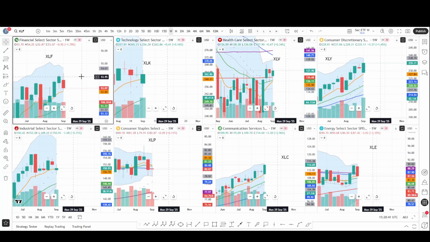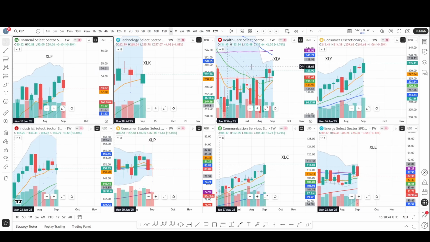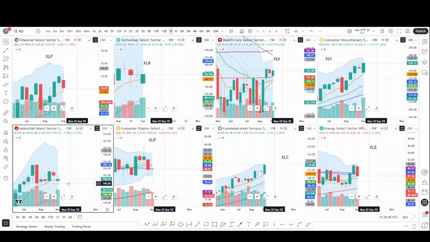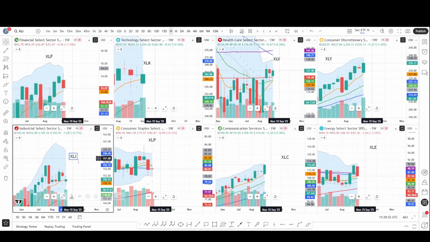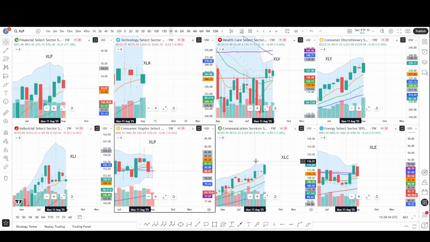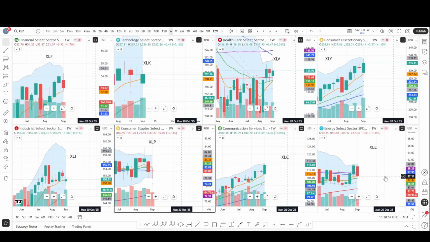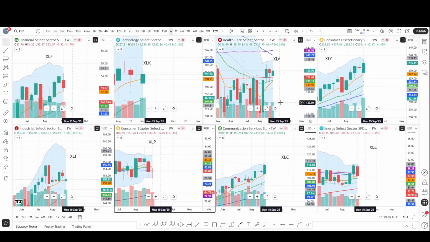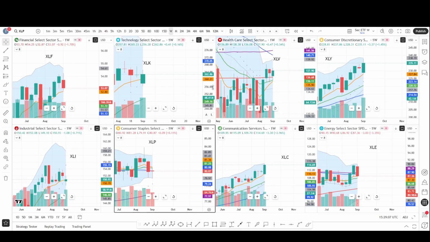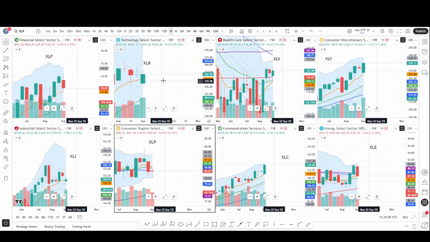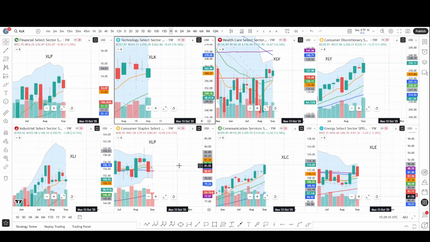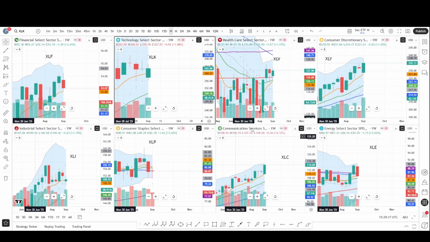So I have the weekly closure of financial, technology, healthcare, consumer discretionary. This is industrial, staples, communication services, and energy. So if we look at all of them from the candles perspective, I'd like to say that the majority, particularly technology, communication, staples, are bullish.